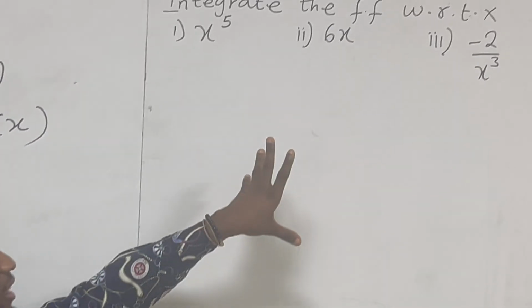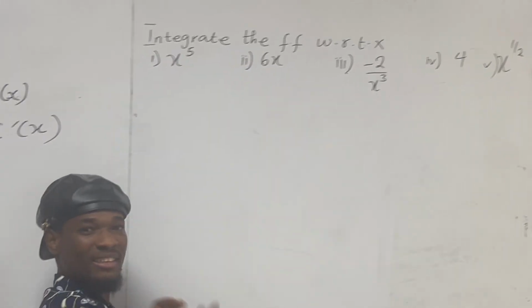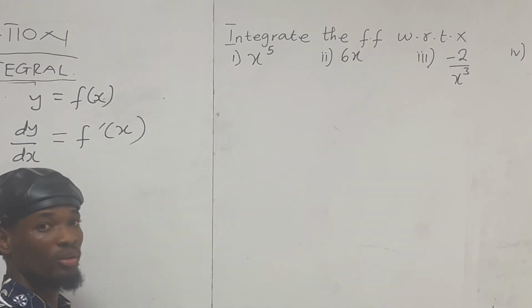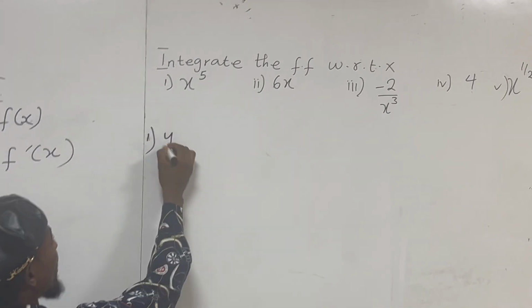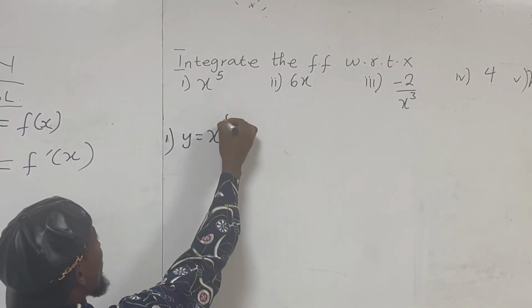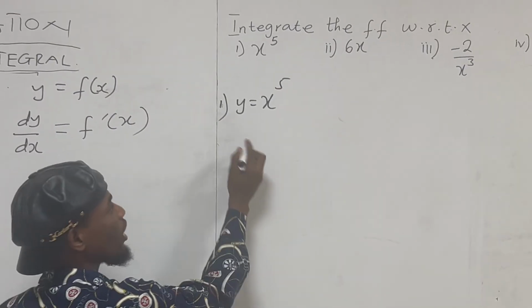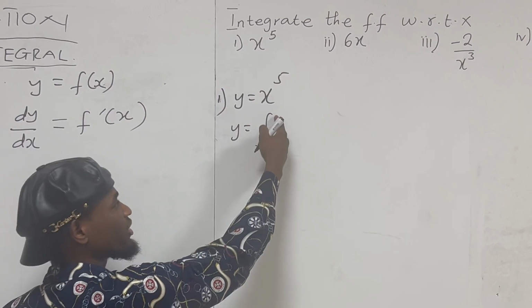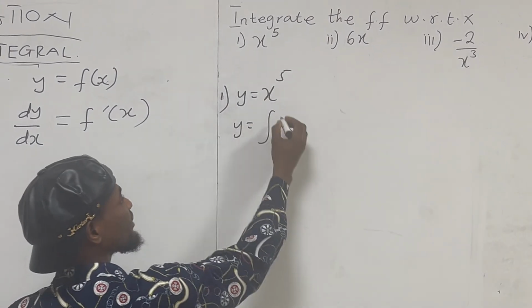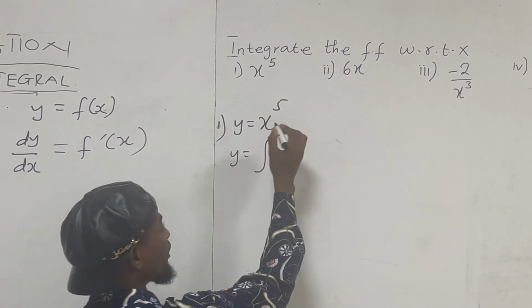Integrate the following with respect to x. So let's go straight to the point. I have y is equal to x to the power 5. So I have y is equal to the integral, because I'm integrating, you take the integral of this x to the power 5.